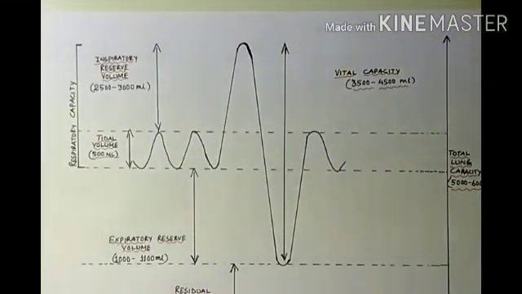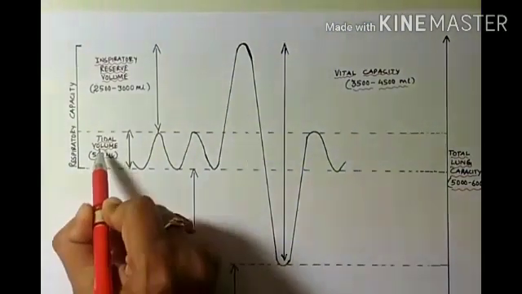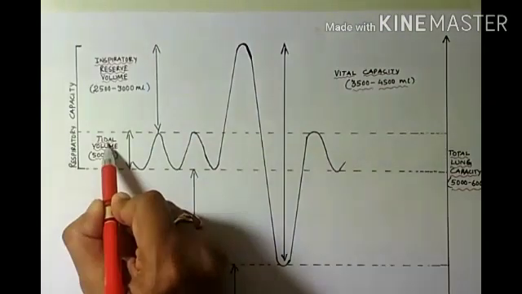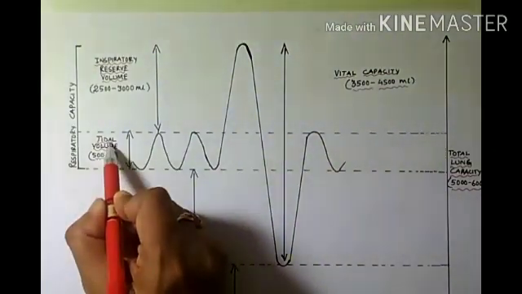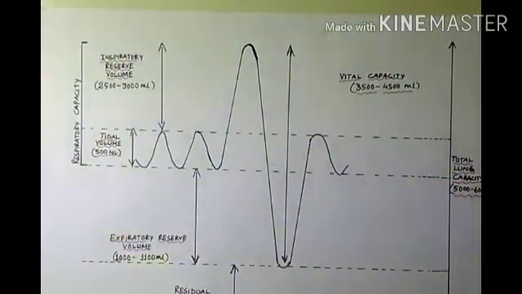And the remaining 150 ml of inspired air remains in the respiratory tract whenever we inspire. Okay? From the nasal chambers to the terminal bronchioles, whatever the way of the respiratory tract is, right? That is called the tidal volume. This is called the tidal volume.